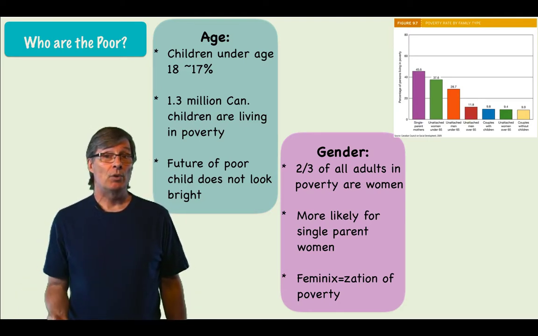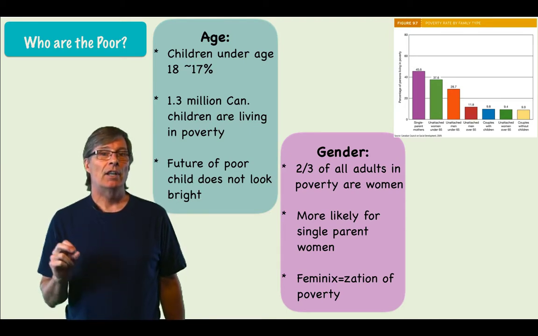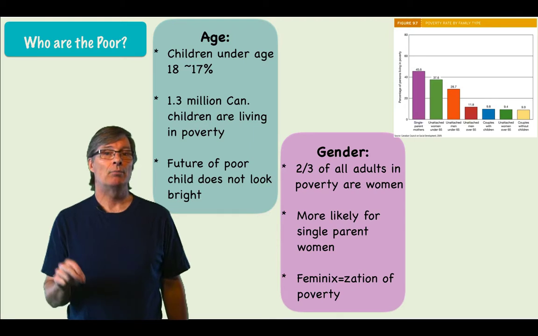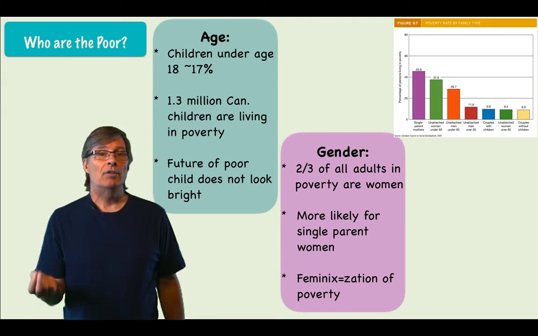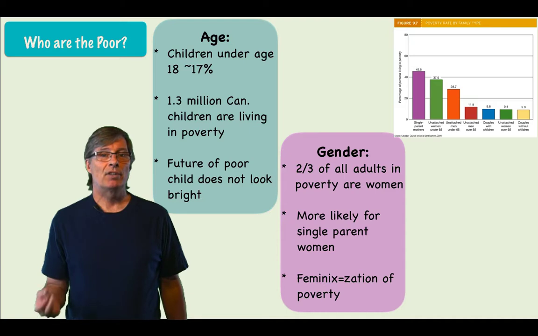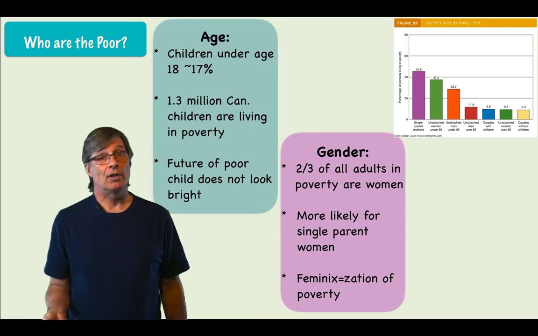Many visible minority women may experience what's called reshuffled poverty, a condition of deprivation that follows them regardless of the type of family in which they live, or also what's known as multiple jeopardies. It refers to the even greater risk of poverty experienced by women who are immigrants, members of visible minorities, Indigenous, or who have a disability.